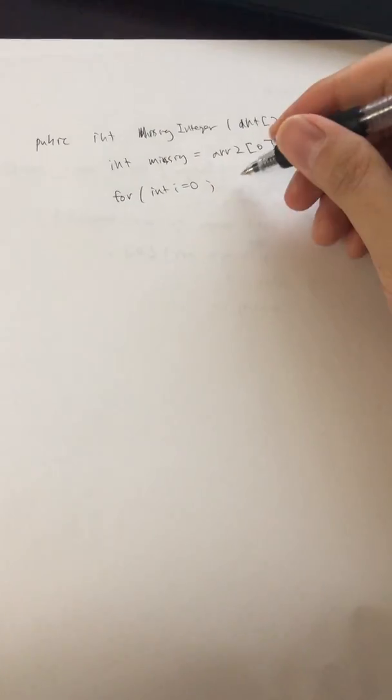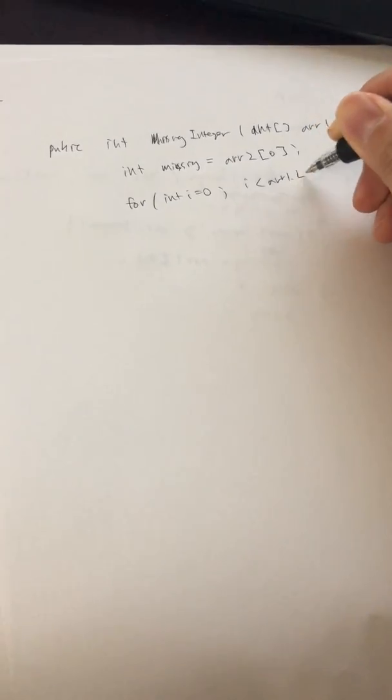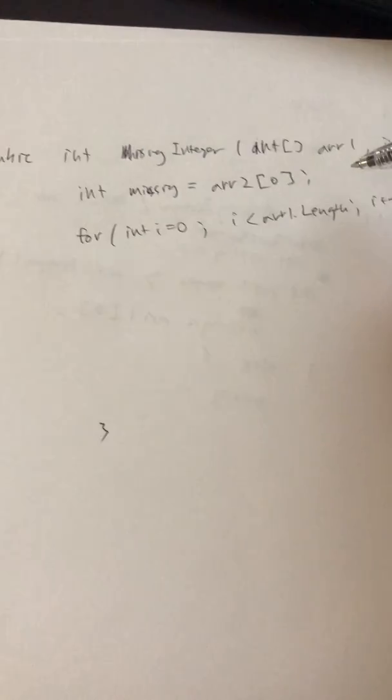My for loop is going to be off of the first array, which is the smaller one. So i is less than r1.length, i plus plus. So my loop is going to iterate by the length of this array.